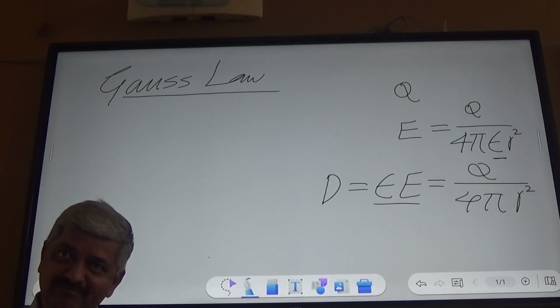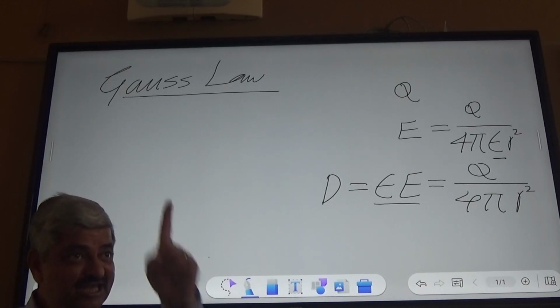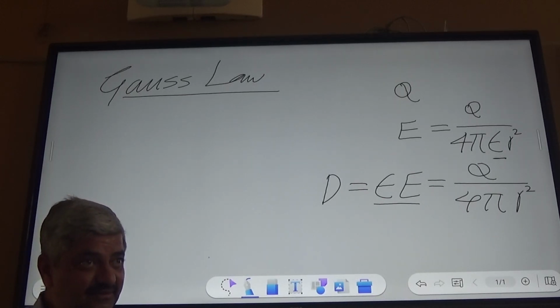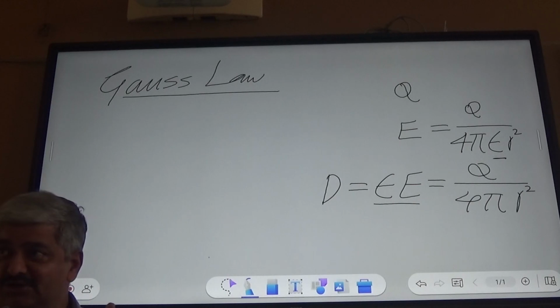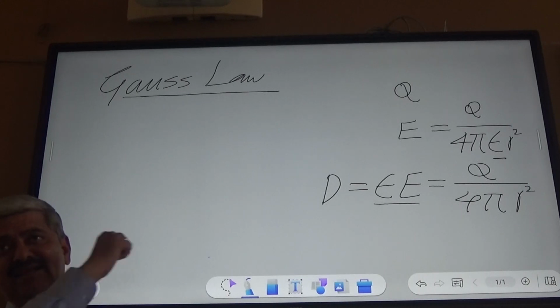And volume is a collection of such points which constitutes finite volume. Why am I not saying infinite?